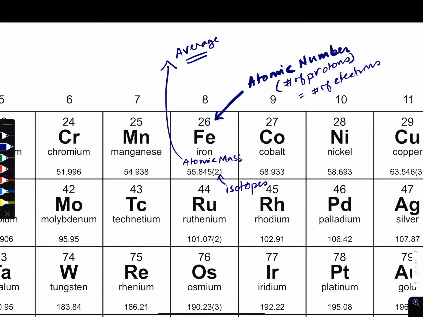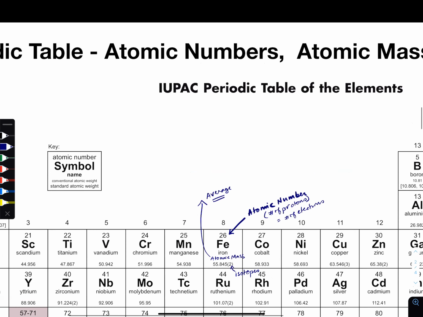The last number that we're going to talk about in this video is called the mass number. I'm going to zoom back out a little bit, and I'm going to write mass number on top out here.